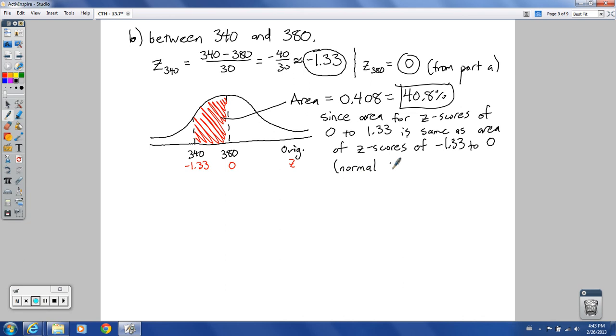Why was that? It's because normal curves are symmetric about the mean. So if you have negative z-scores, just think of their positive values and the area would be the same. So area is always a positive value. You're never going to have a negative area. That's just crazy. This is what we need right there.